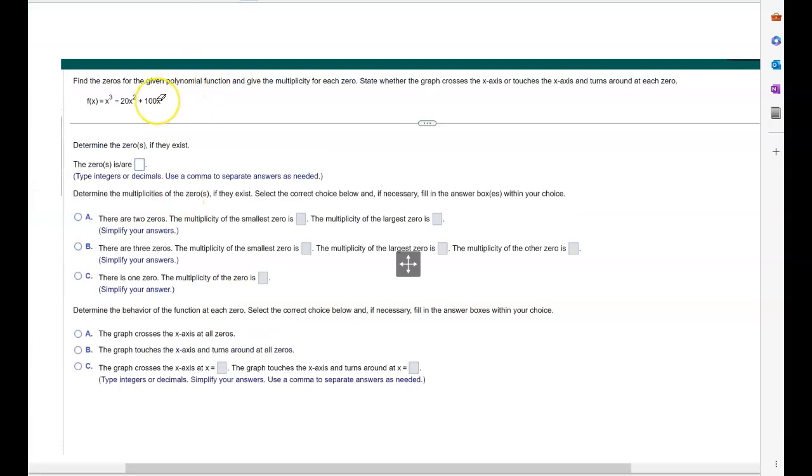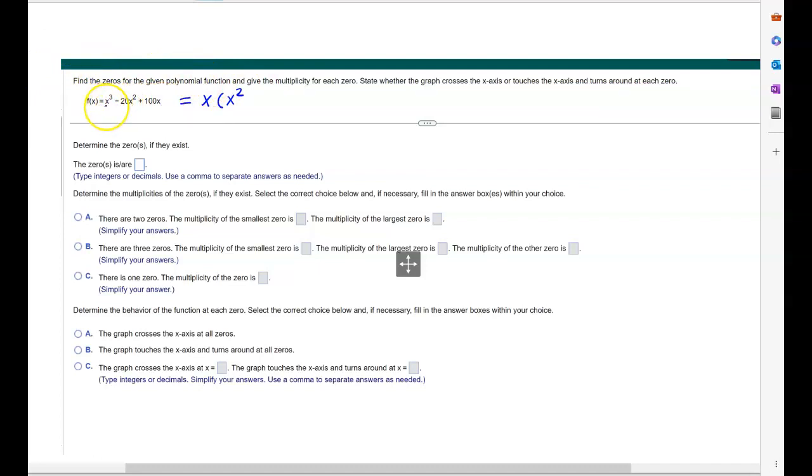All right, to solve this, we will first have to factor this given polynomial function. Notice that x is a common factor to each term of the polynomial function. So factor out x first. You divide each term by the common factor.